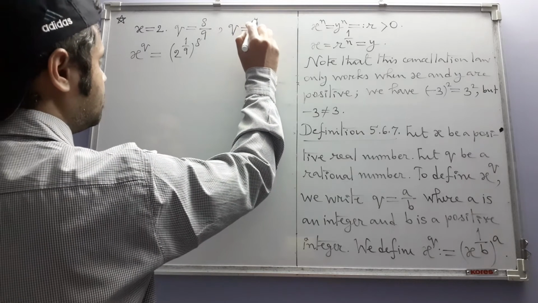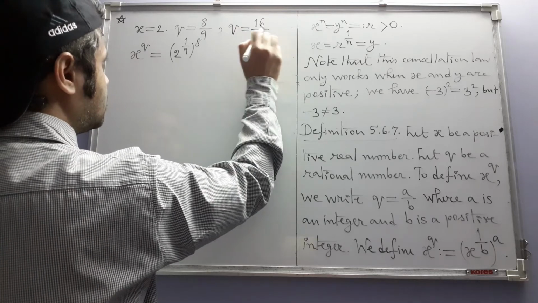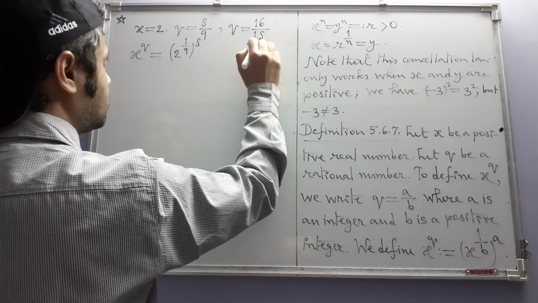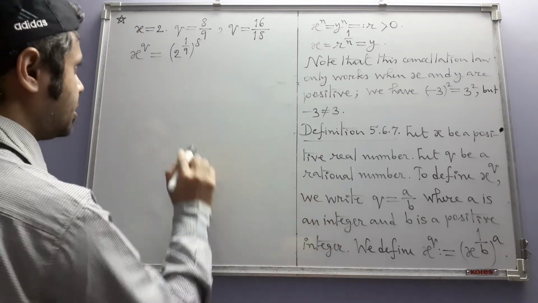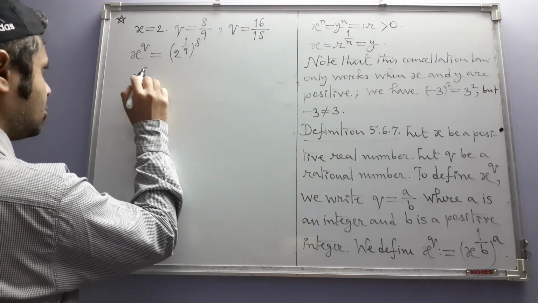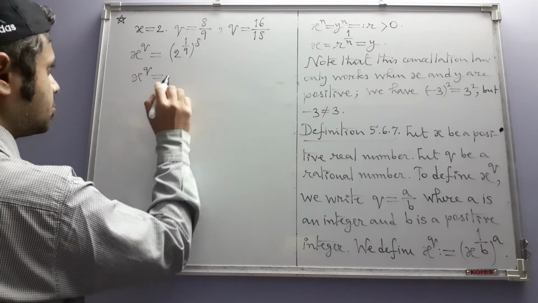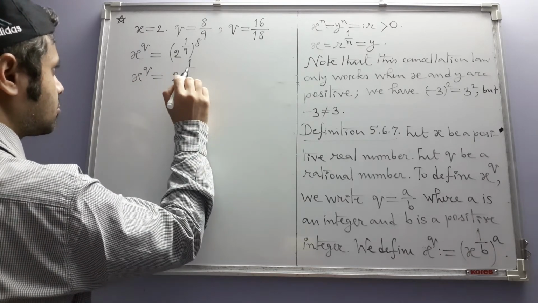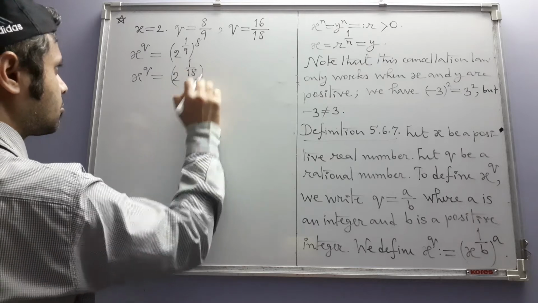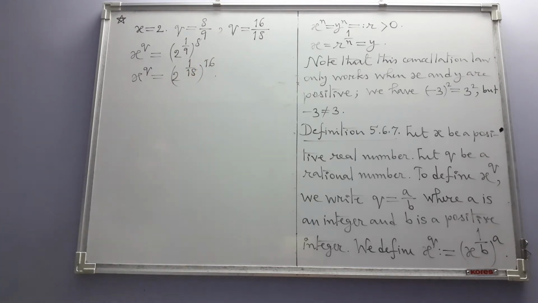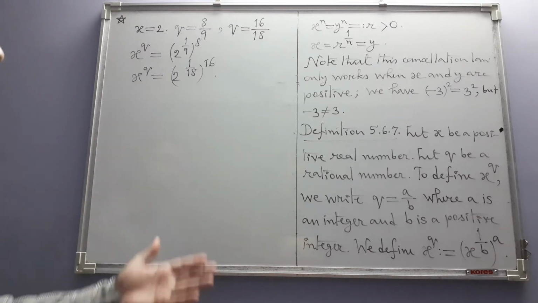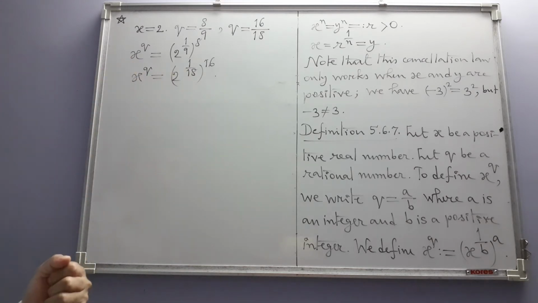For example, it is equal to this. So again, by that same definition, we should also have this: x to the power q should also be the 16th power of the 18th root of 2.